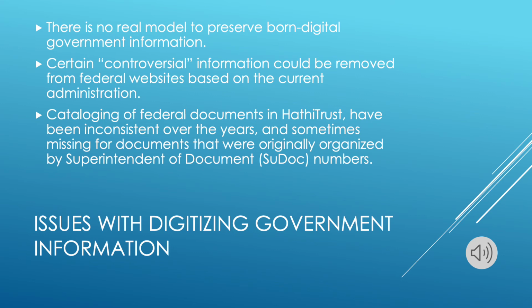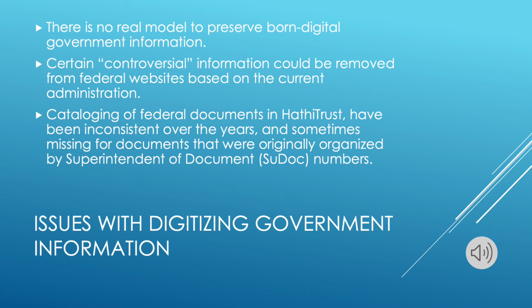Due to this, there's always the risk that certain government information deemed controversial or damaging will be removed based on the current administration. This was shown during the Trump administration, where important science information on climate change was removed from the EPA website because those in the Trump administration thought it was either controversial or not important.